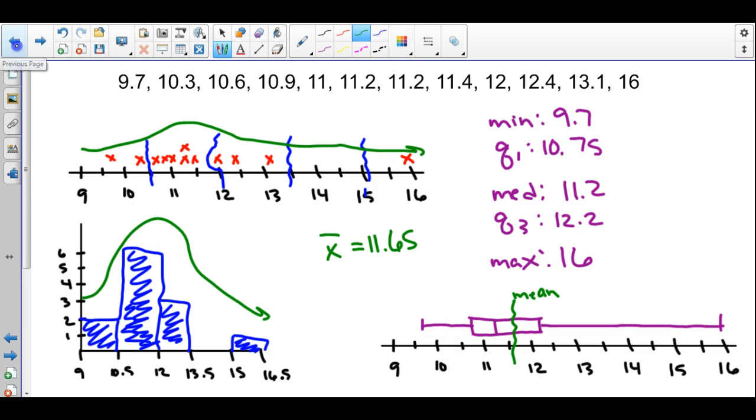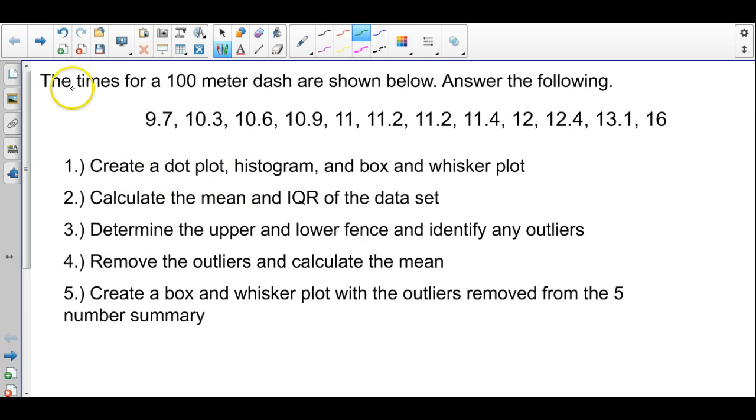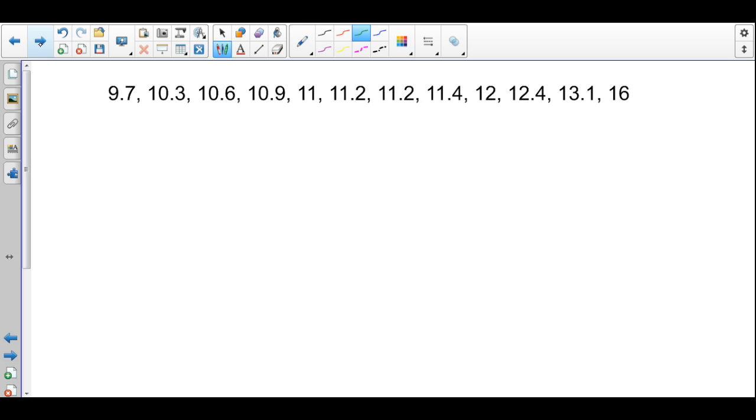So moving on to the next thing, our next task was to calculate the mean and the IQR. I'm going to do that on this next slide. Again, for your mean, you would add up all these numbers and divide by how many you have, but X bar on your calculator does it for you. You had a mean of 11.65. In order to calculate the interquartile range, the IQR, we're going to take our third quartile minus the first quartile.